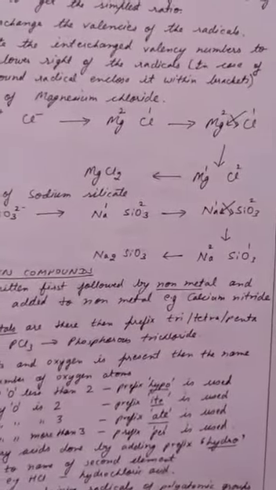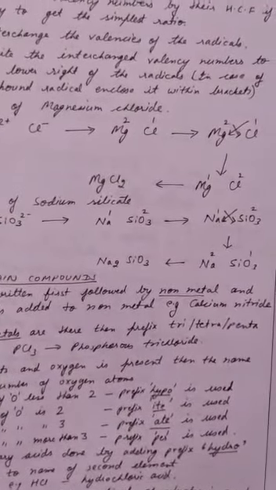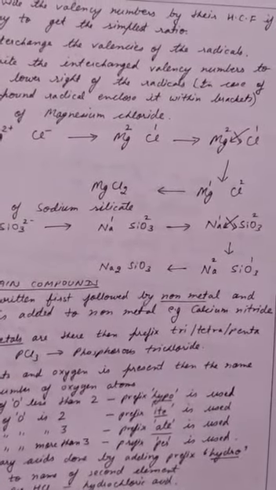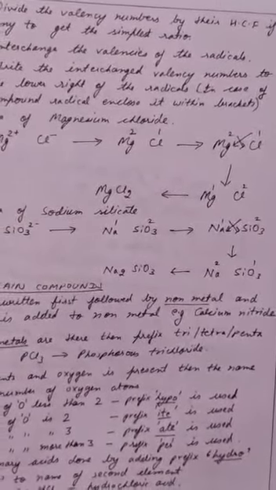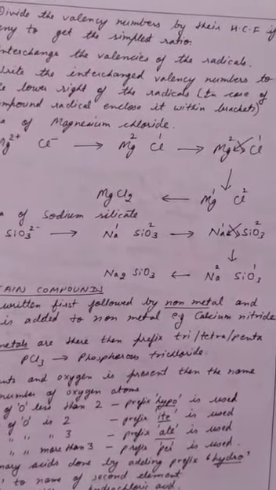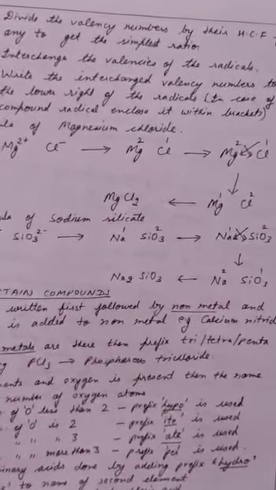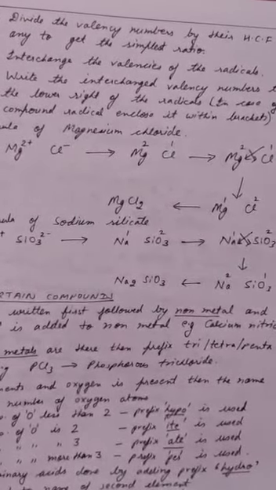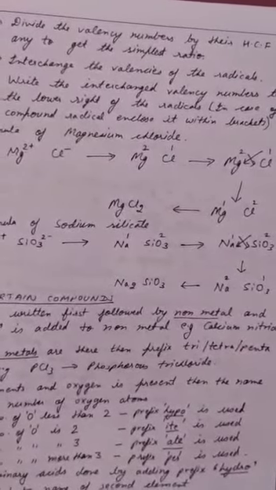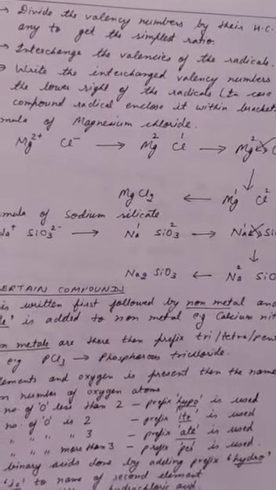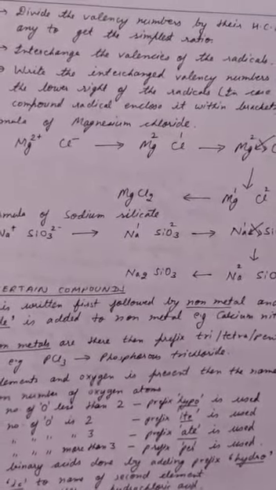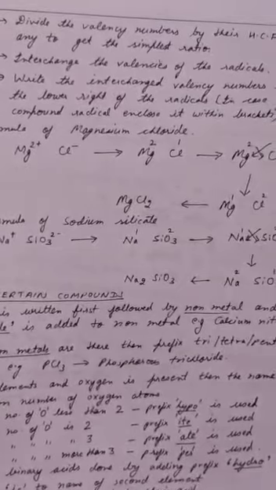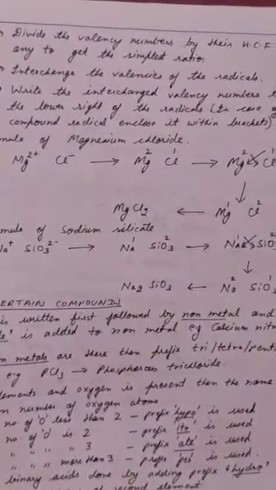Then in the next step, we crisscross the valencies, and by crisscrossing we get digit 2 on top of sodium and 1 on top of the silicate radical, and then we write these digits as subscripts. So the formula of sodium silicate is going to be Na2SiO3.